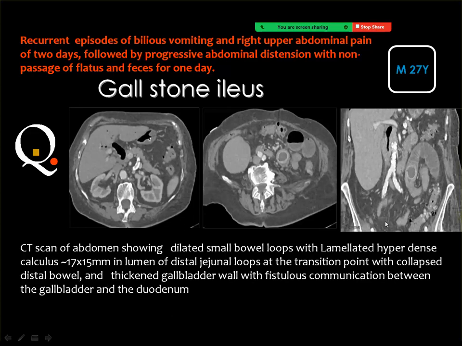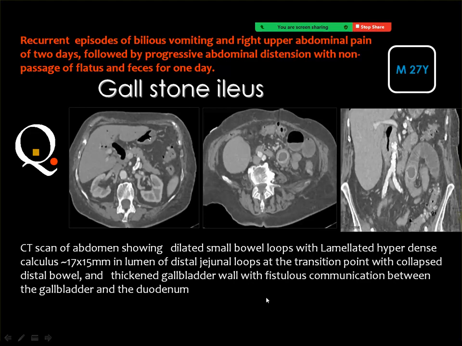Gallstone ileus is diagnosed by the regular triad: you have some air in the biliary system, you have a radio-opaque stone in the ileum most likely, and proximal to the stone you have some bowel obstructive changes with air fluid level, as you can see here.